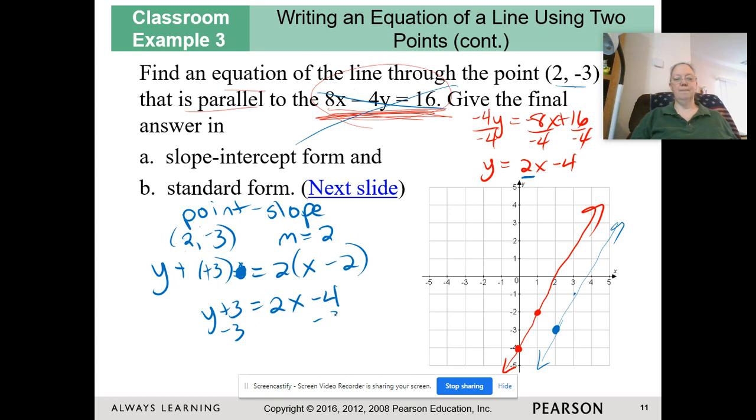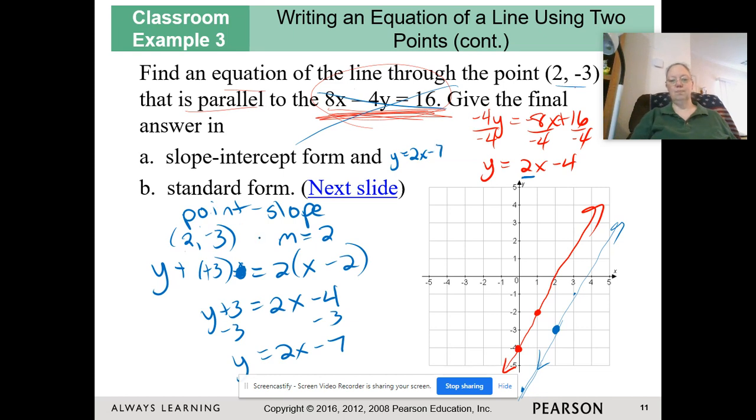Subtract 3. And I have y is equal to 2x minus 7. And if I were to extend this line, yeah, I can see how it would hit at -7 down here. So this is our slope-intercept form, y equals 2x minus 7.